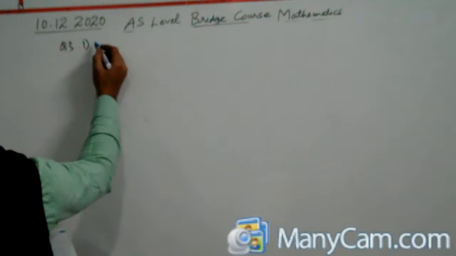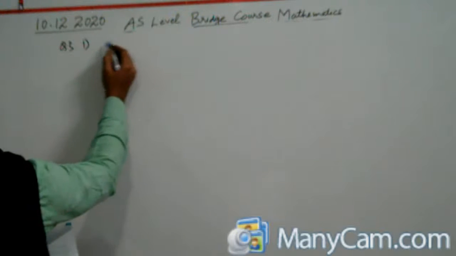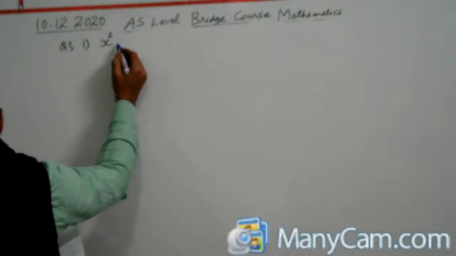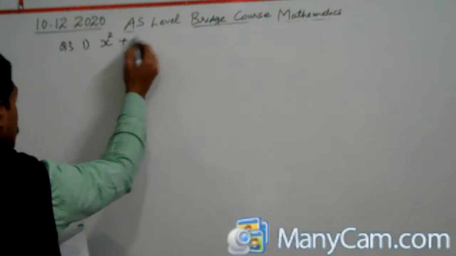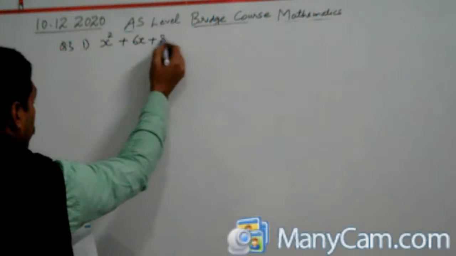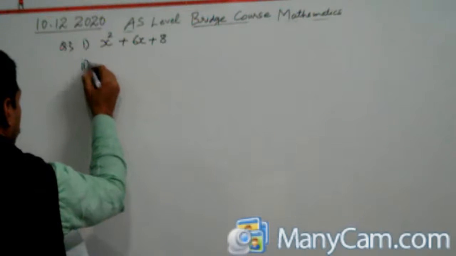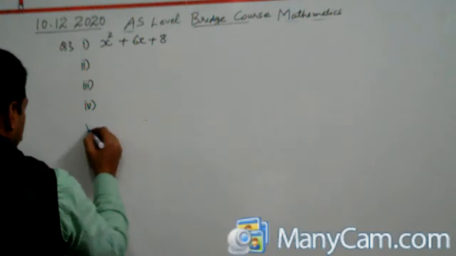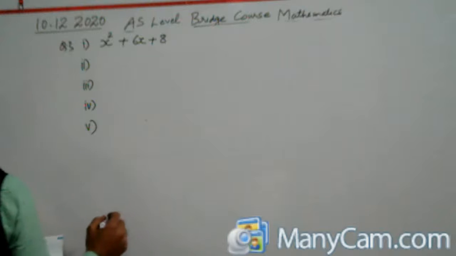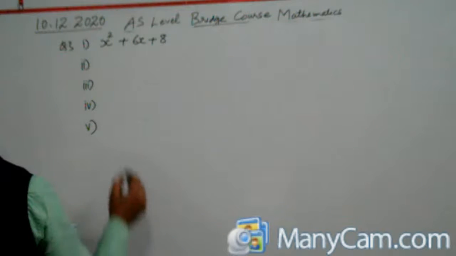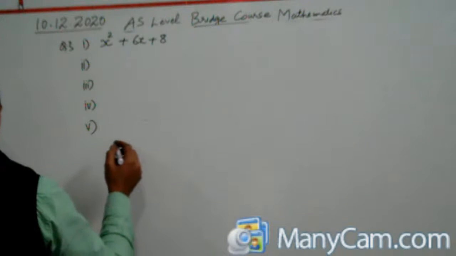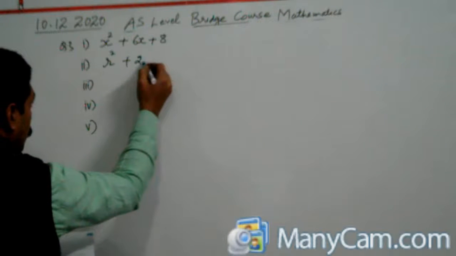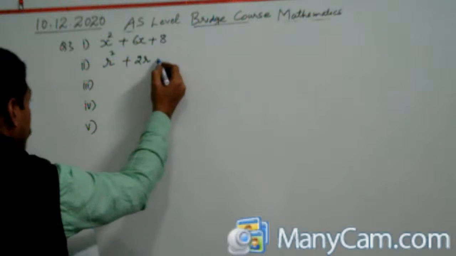First one is x square plus 6x plus 8. Second one, let's take 3 or 4 parts: r square plus 2r minus 15.